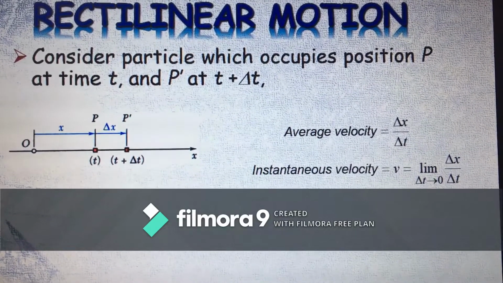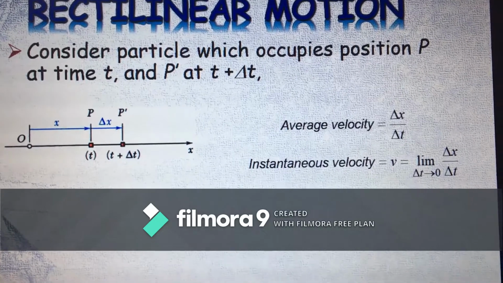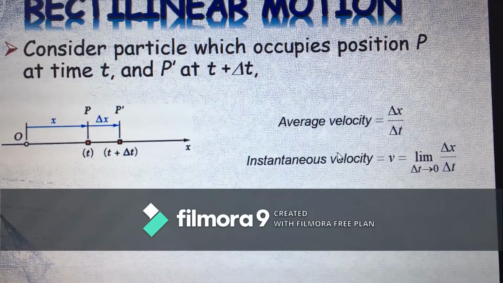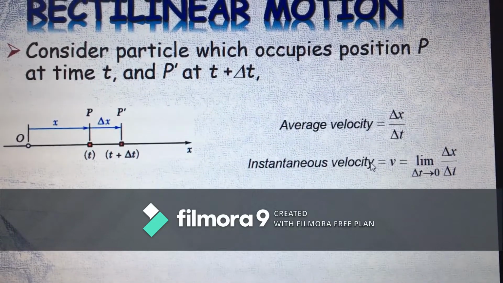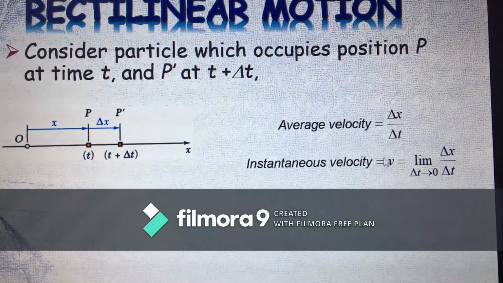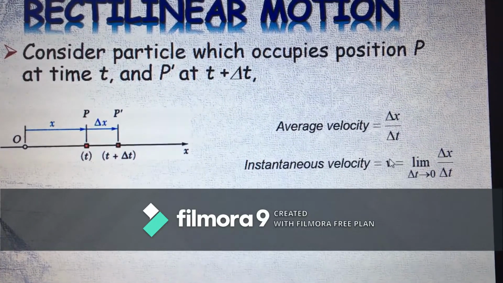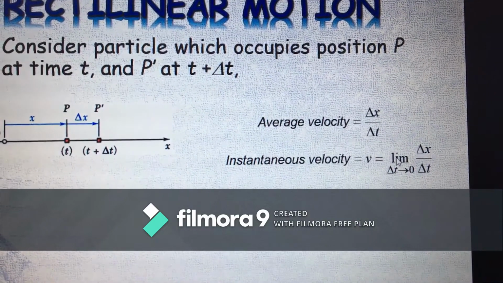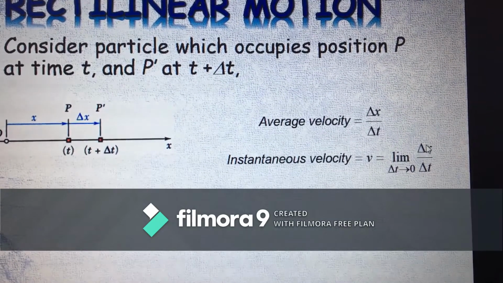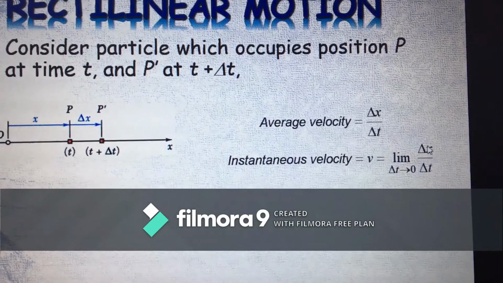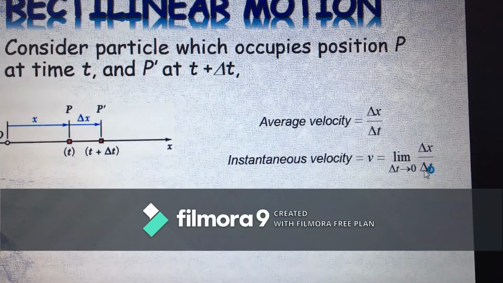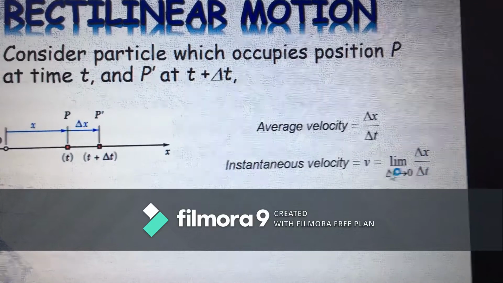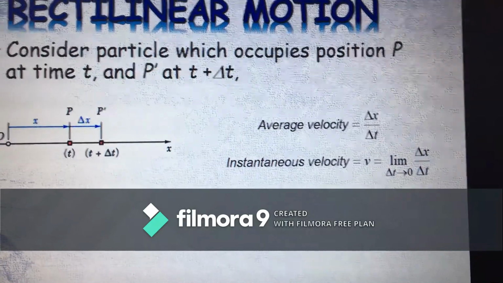Or the instantaneous velocity of the particle, which we call small v, is equal to the limit of the ratio of the change of the position with respect to time as delta t approaches 0.